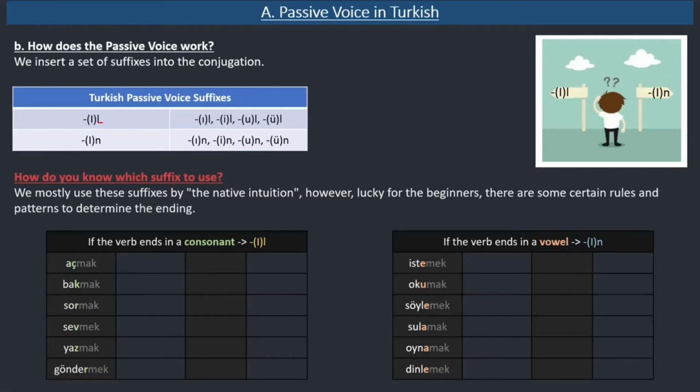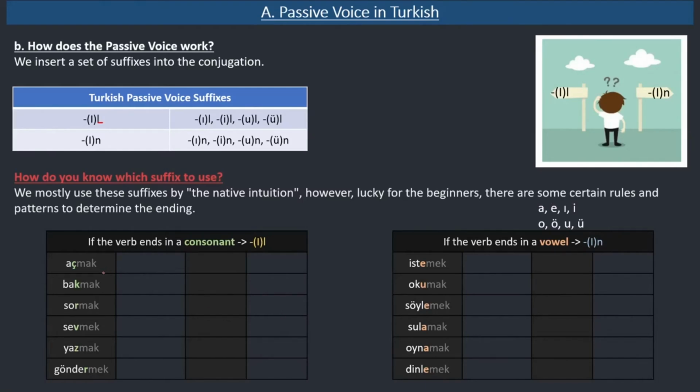If the verb ends in a vowel, you put in, ın, un, ün. And quick reminder for those who don't know, these letters are our vowels: A, I, and then O, Ö, U, Ü. If the verb ends with one of these, you choose in.